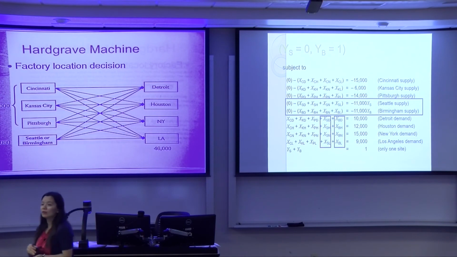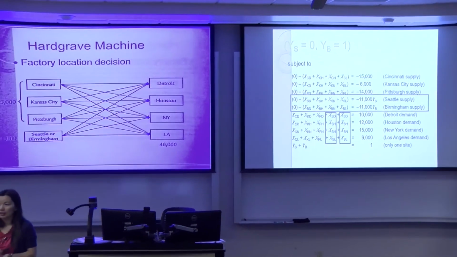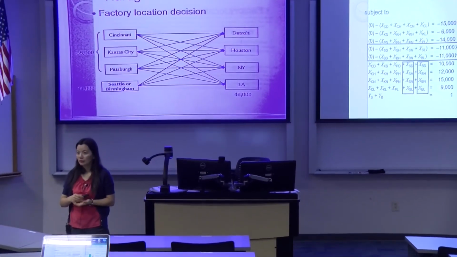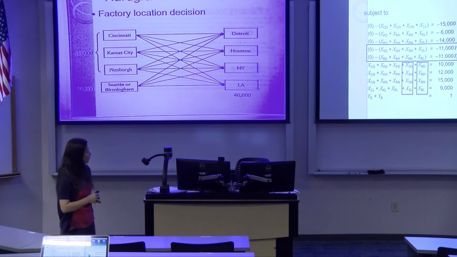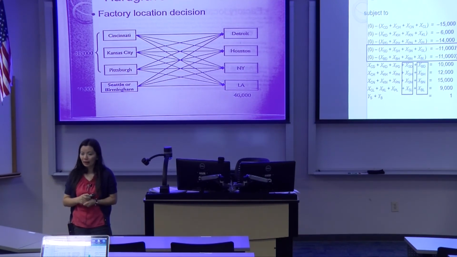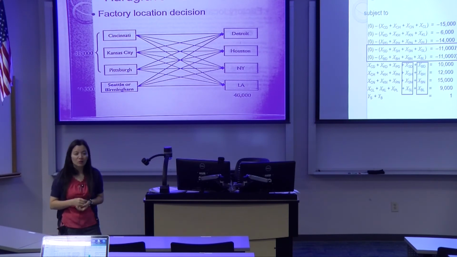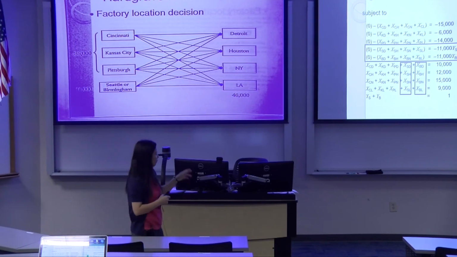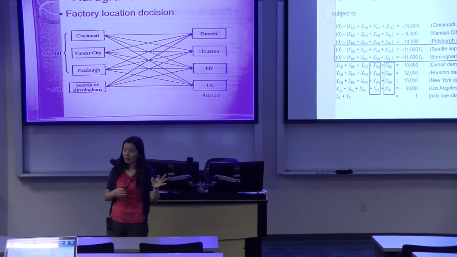Okay, so any questions about the formulation? Are we good about having two different kinds of decision variables? What are the two kinds? The binary variables, YS and YB, either equal to 1 or 0.